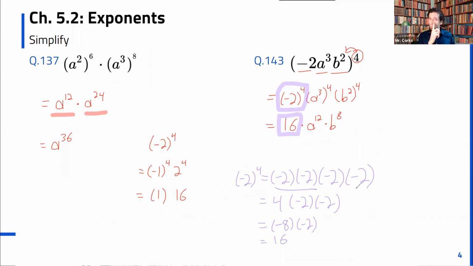So it's an exponent. We are not multiplying 2 and 4. It's -2 times itself 4 times. Any other question? Nope. Okay. Next ones.